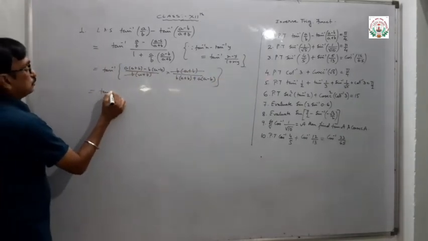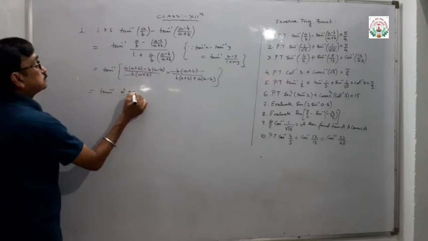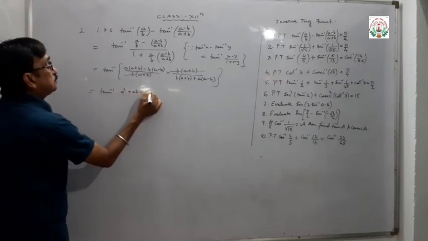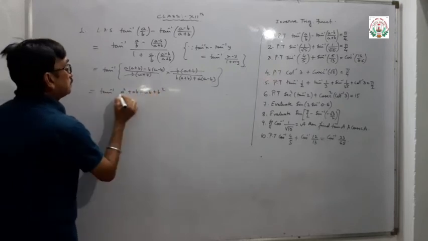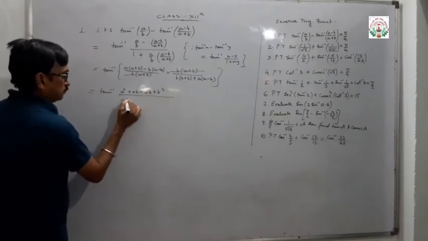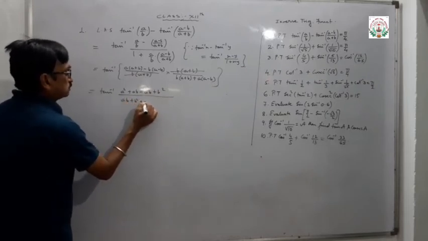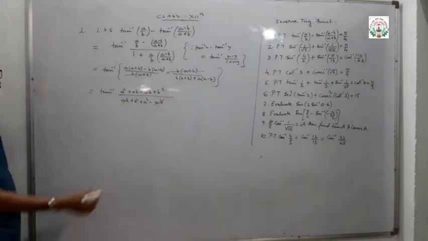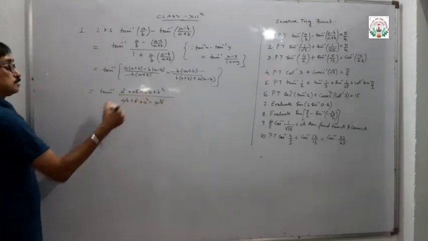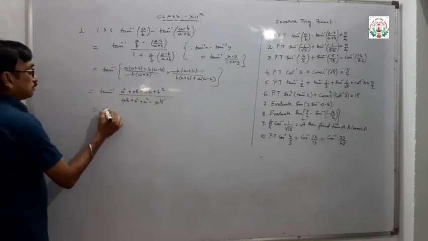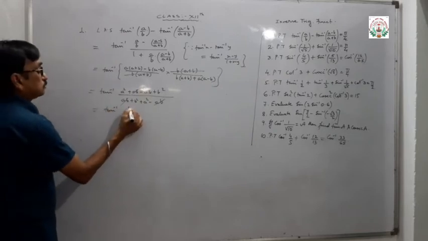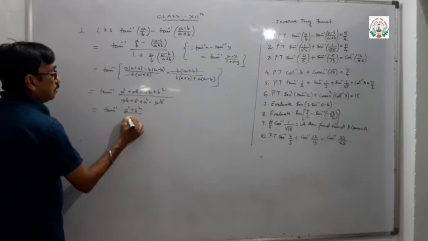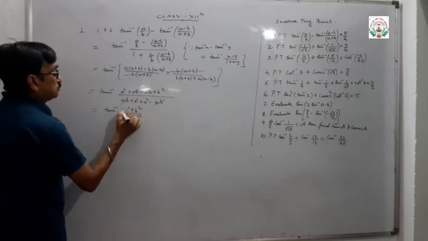Now tan inverse of (A square plus AB minus AB plus B square) upon (AB plus B square plus A square minus AB); plus AB and minus AB cancel out. Here also minus AB plus AB cancel out. We get tan inverse of (A square plus B square) upon (A square plus B square).